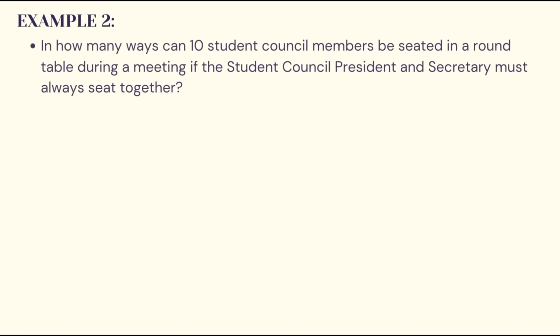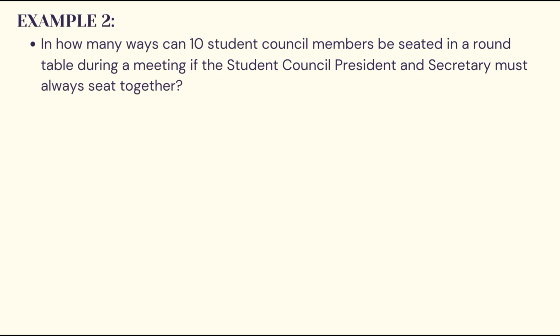Example number 2. In how many ways can 10 student council members be seated at a round table during a meeting if the student council president and secretary must always sit together? In this problem, the objects are the 10 student council members.